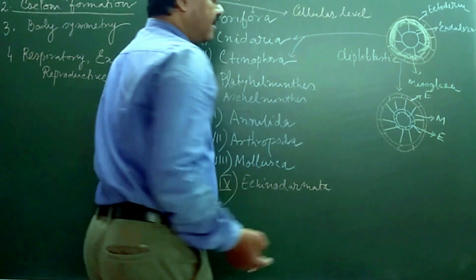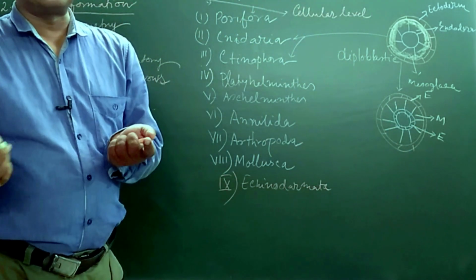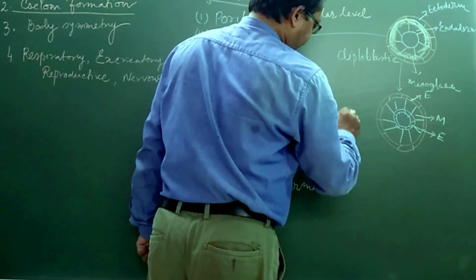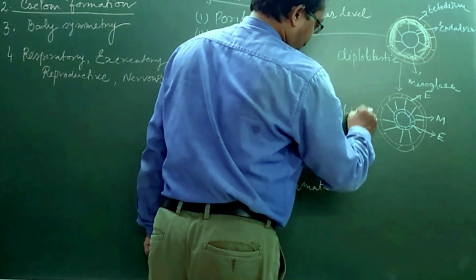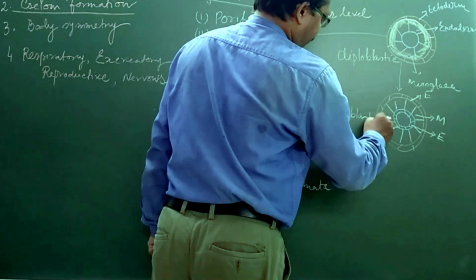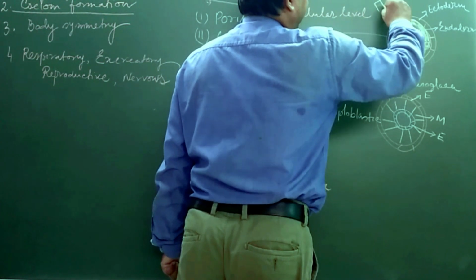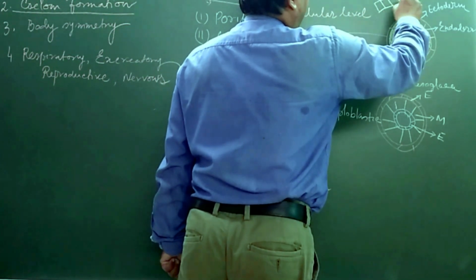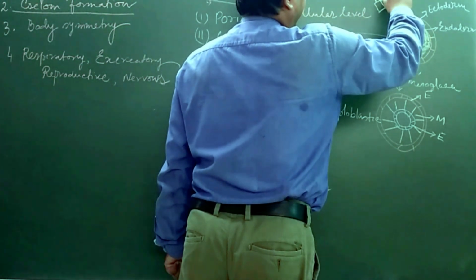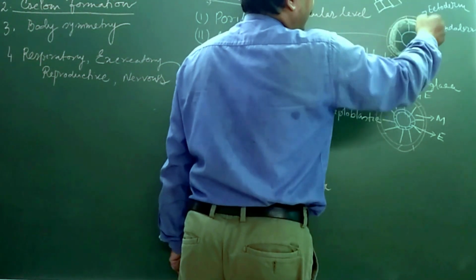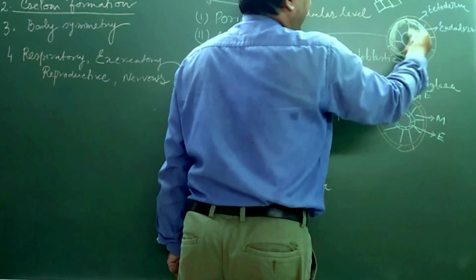The development of a three-layered structure is called triploblastic. So, from simple cellular organization with unorganized cells, the cells become organized, forming two layers, ecto and endo.